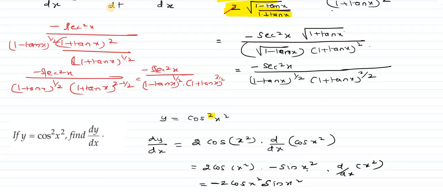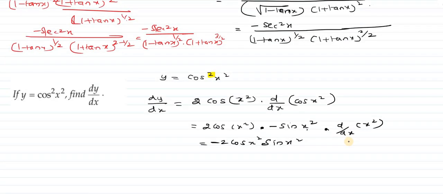See here, I am placing the multiplication dot symbol, so you need to be clear. Differentiation of x square is 2x. So minus 4x cos x square sin x square. Not sin square x, sin x square. Any doubt? If you do step by step, you will never go wrong. Is that clear?